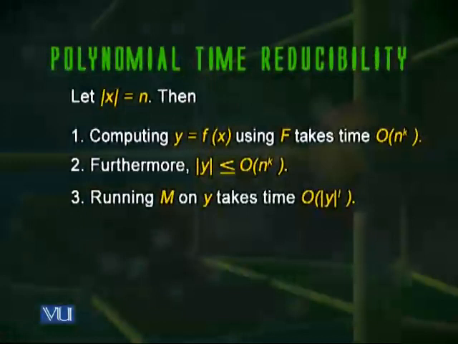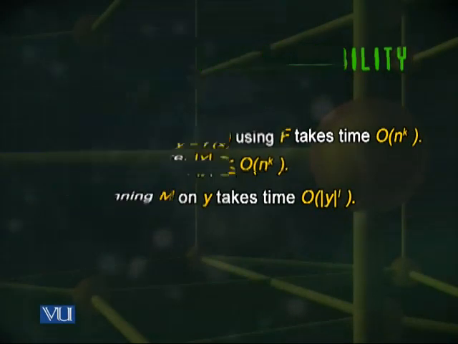Therefore, the length of y is bounded by order n to the k. After that, we run M on y, and that would take time length of y to the L. Notice we have to be careful. When we run M on y, it does not take time n to the L. It takes time which is proportional to the length of y to the power L. Therefore, running M on y takes time length of y to the L.